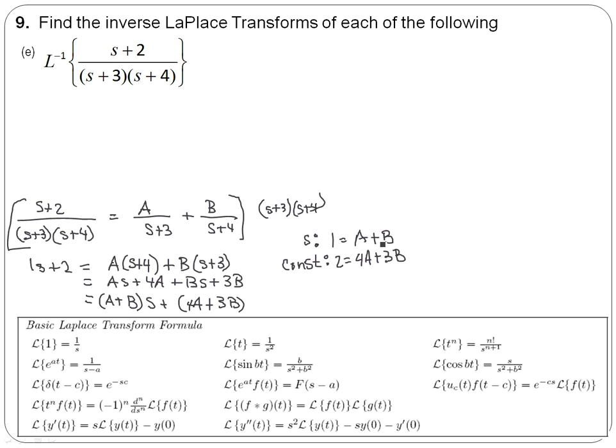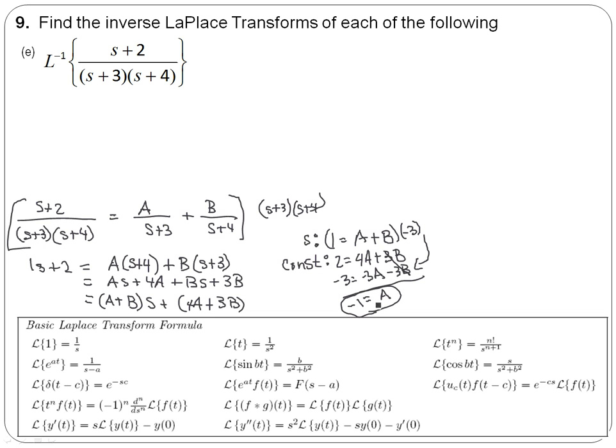I'm going to solve this by elimination. I'll multiply this first equation by negative 3, and I'll bring that down here to give me negative 3 is equal to negative 3A minus 3B, so that I can add the equations together and the B terms will cancel out. 4A take away 3A gives me A, and 2 take away 3 gives me negative 1.